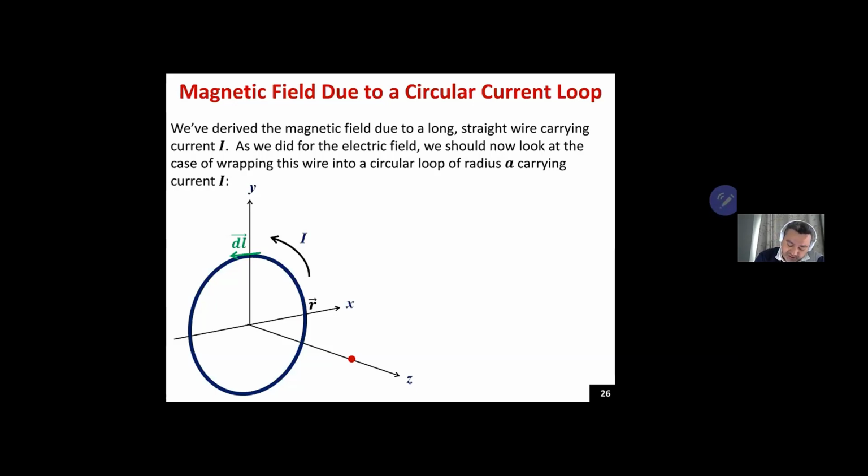And the current, as you can see, is rotating as shown in the figure with the radius of a.